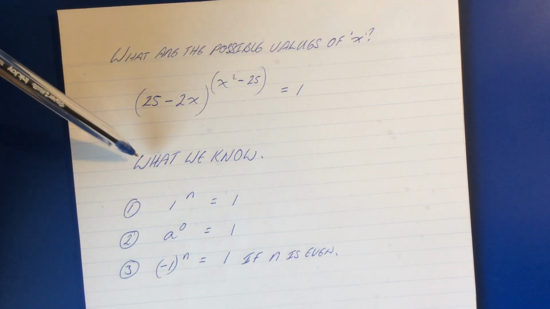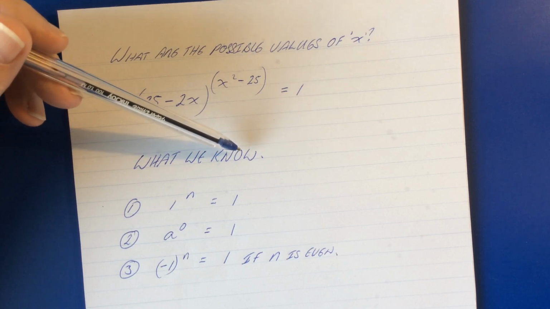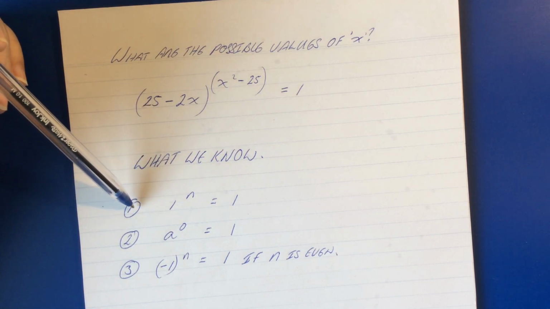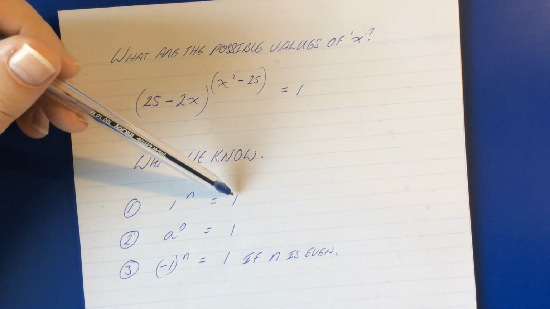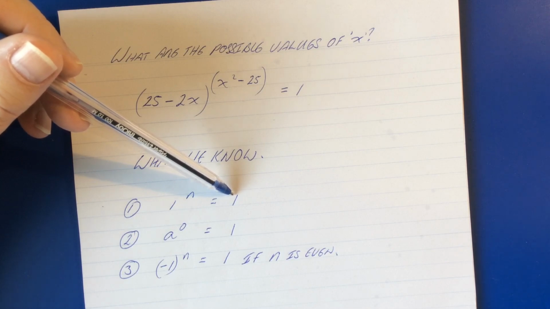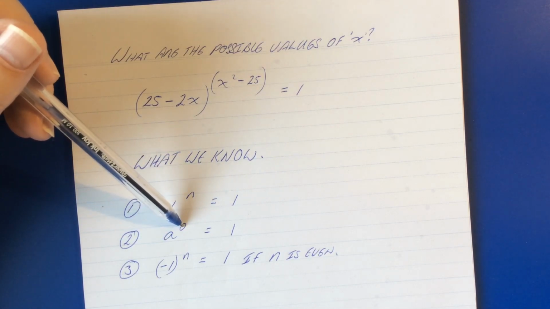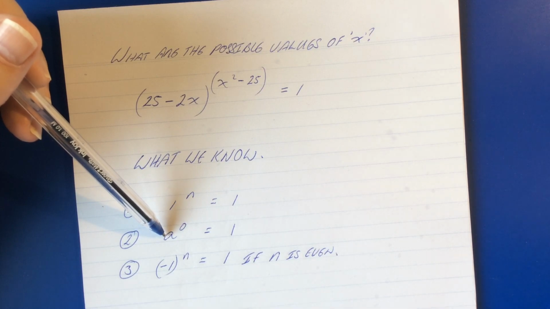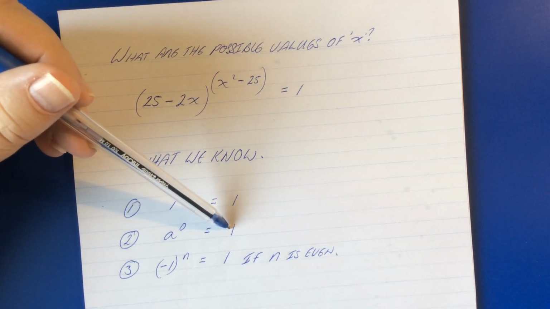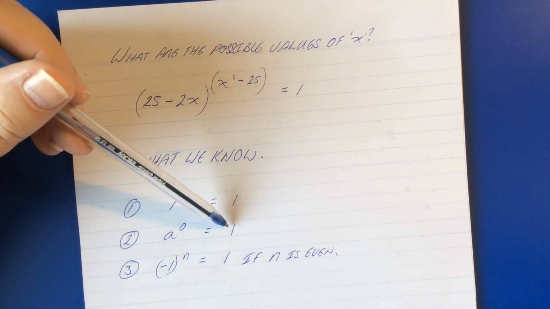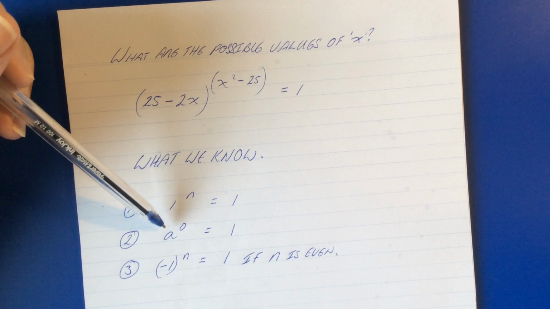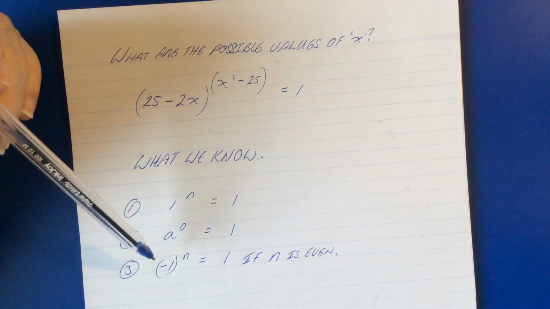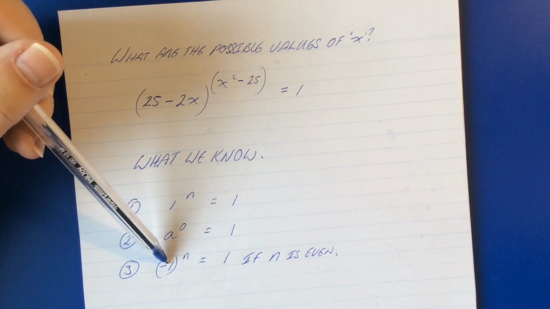Now, I listed out what we know, or what we should know. 1 to the power of pretty much anything you can think of is going to be 1. A number to the power of 0, other than 0, is going to equal 1. And these might well be clues as to how we progress. The more interesting one is this.